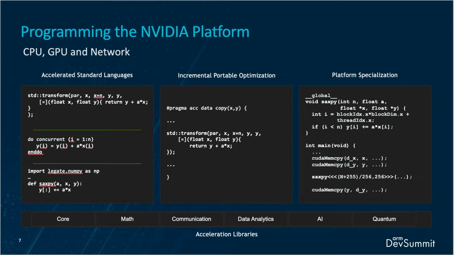More recently, and what I think is the most interesting, is something that our group has been working very hard on, which is accelerating standard languages. What this means is taking ISO C++ and ISO Fortran parallelism, stuff that's the absolute gold standard of portability, can be implemented across a huge range of devices in a non-proprietary way, and taking those features and implementing them in a high-performance way across CPUs and GPUs.